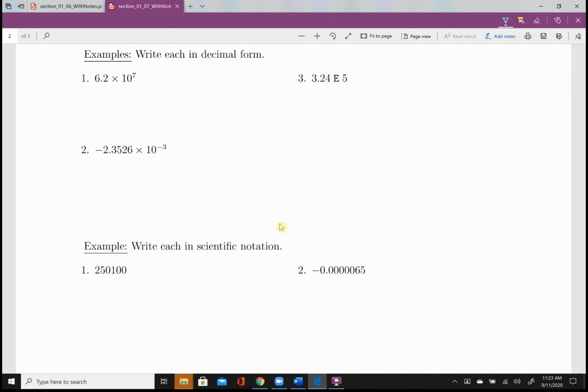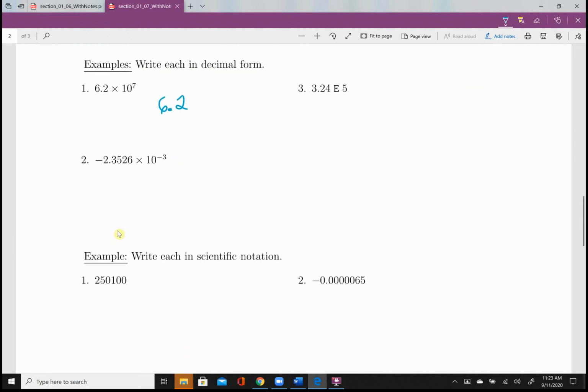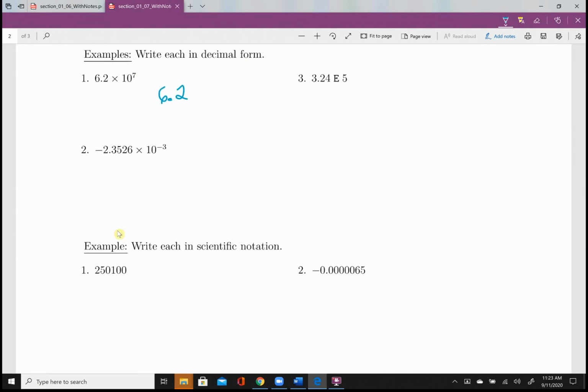I will rewrite the a value, which in this case is 6.2, and recognize that my decimal goes to the 7th power, positive 7 that is, which, if you go back up to the procedure, if it's positive, you have a large number and the decimal moves to the right. How many places? 7 places. The exponent tells you how many places and in which direction to move. Because it's positive, we'll move to the right. Because it's a 7, we'll move 7 spots.